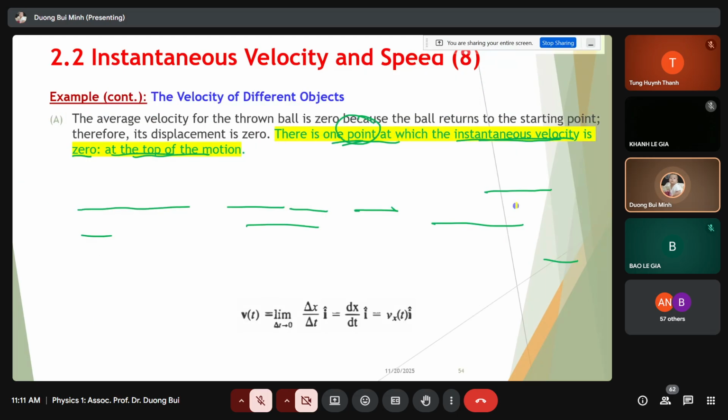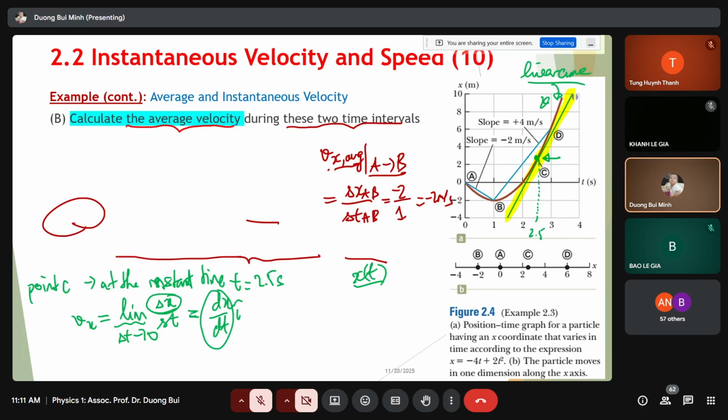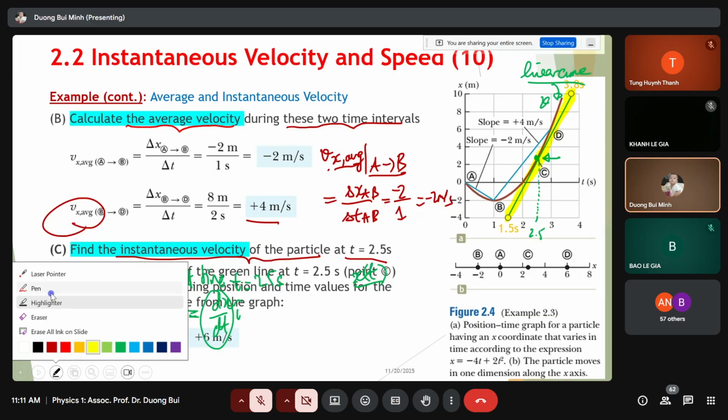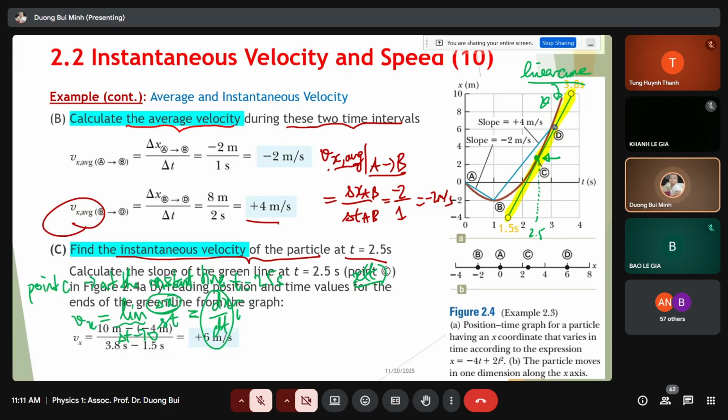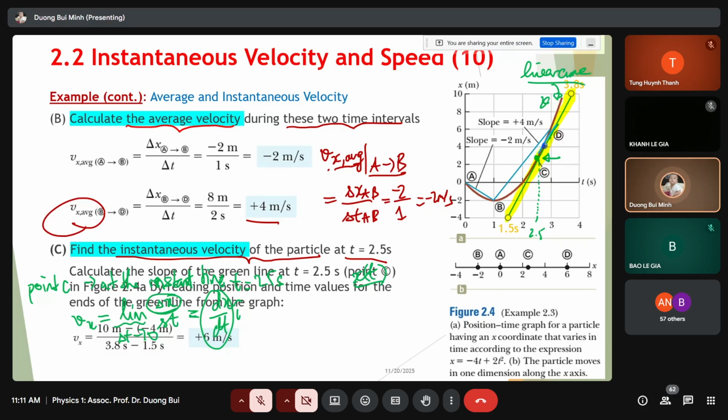So if we have the tangent line, you can pick off points. This is the instantaneous velocity vector Vx.